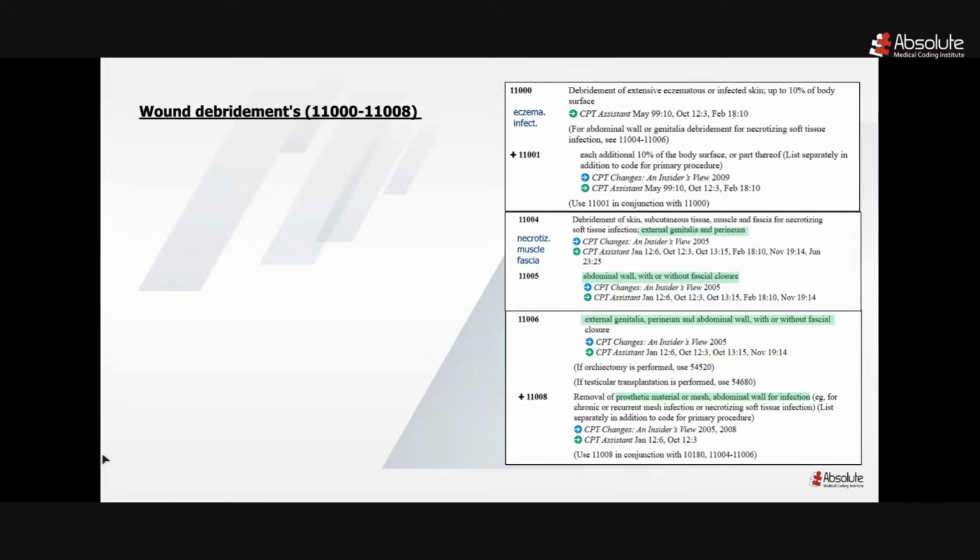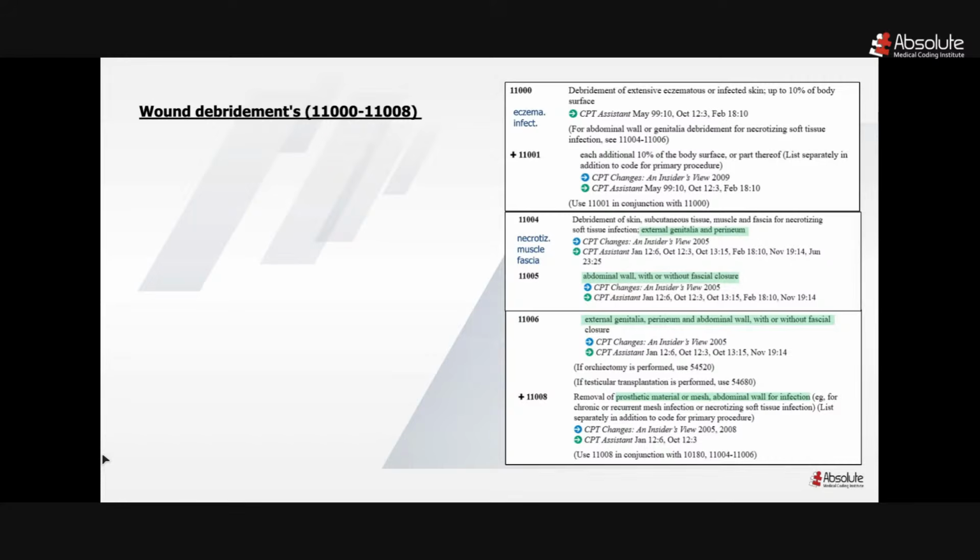Now, when we talk about necrotizing soft tissue infection debridement, things get much more specific, and the CPT codes are grouped based on the anatomic location. Code 11004 is used for external genitalia and perineum debridement, and this includes the skin, subcutaneous tissues, muscles, and fascia.